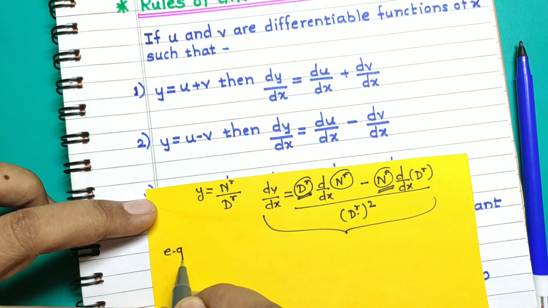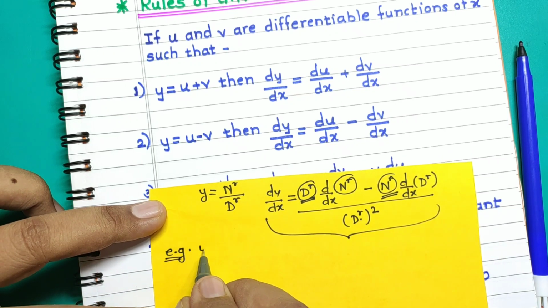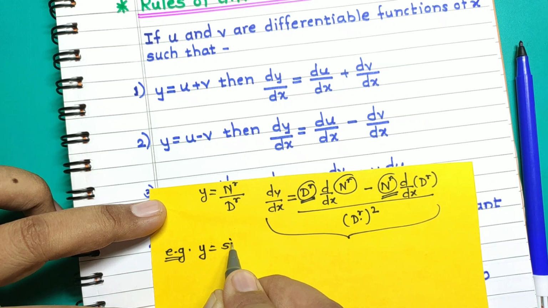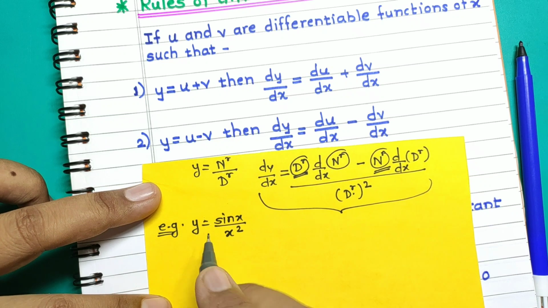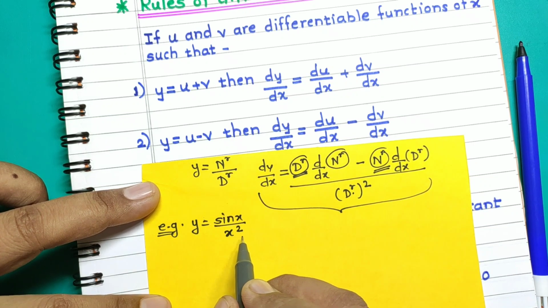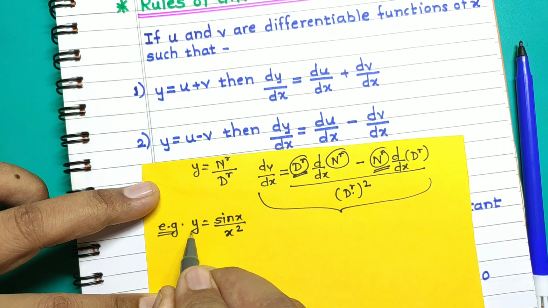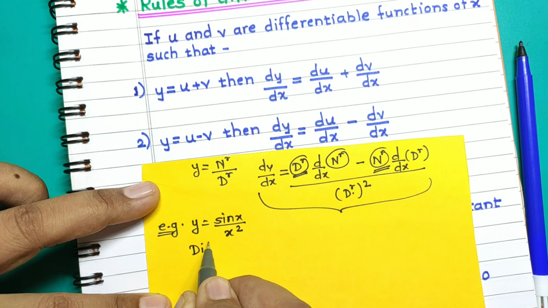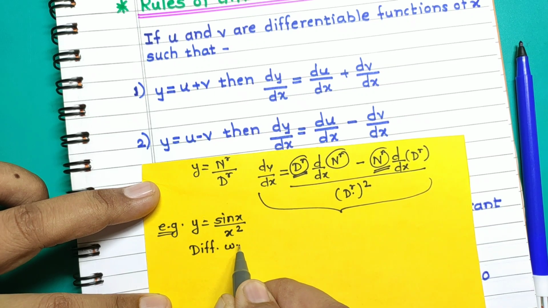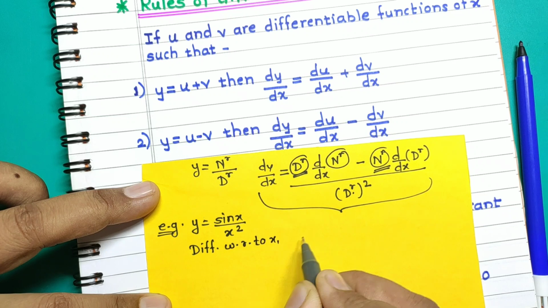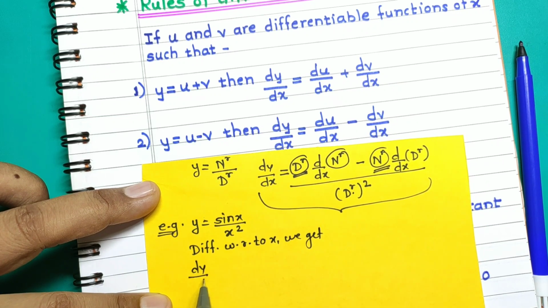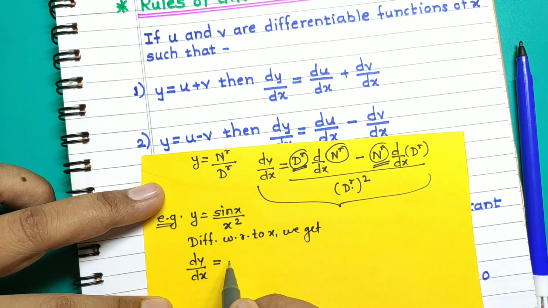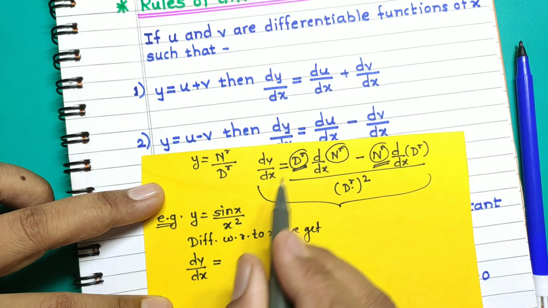Now let's go to one example. If y is equal to, consider sin x upon x square. We observe that here it is quotient of sin x and x square. So to get the derivative of y, let's differentiate. Differentiating with respect to x, we get dy by dx is equal to, see the application of rule properly, keeping denominator as it is.